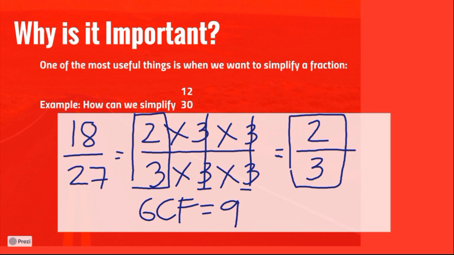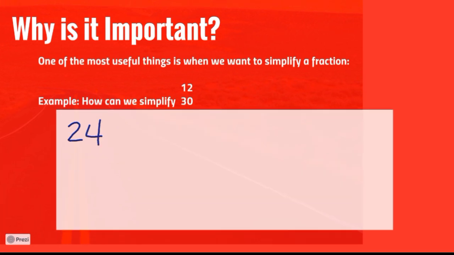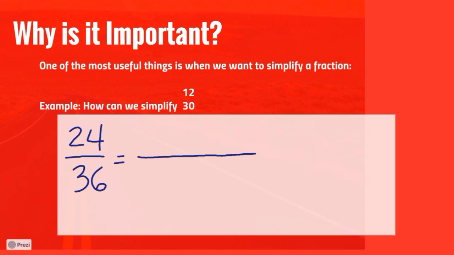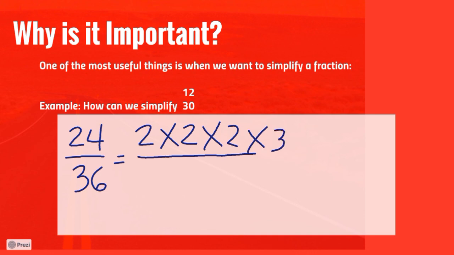Okay? Another example, 24 over 36. So, prime factors of 24, 2 times 2 times 2 times 3. At ang 36, prime factors of 36, 2 times 2 times 3 times 3.